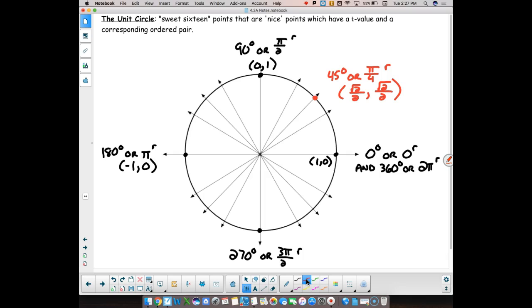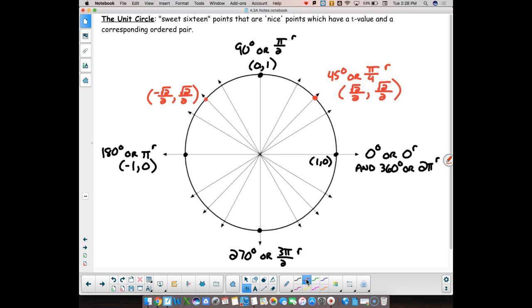So if I cut it down the y-axis and I fold it over, that tells me then that this point is also going to be the square root of 2 over 2, now to the left, and the square root of 2 over 2 up. So the coordinates of this point are going to be negative square root of 2 over 2 and positive square root of 2 over 2.